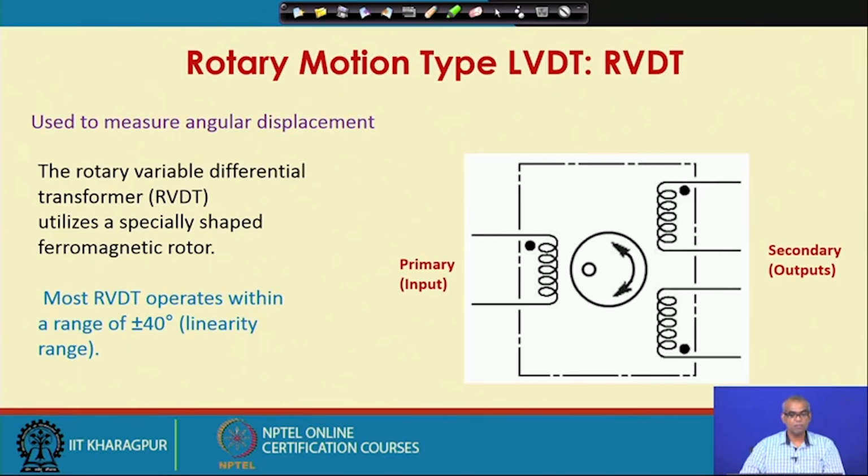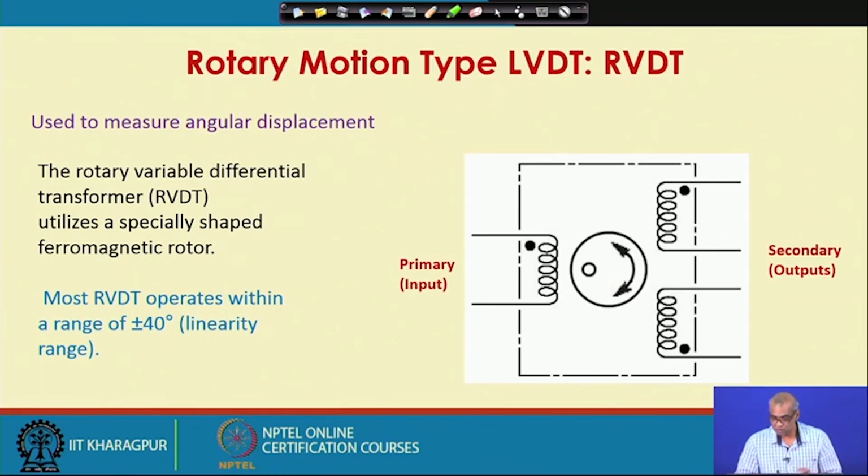The RVDT utilizes a specially shaped ferromagnetic rotor. Most RVDT operates within a range of plus minus 40 degree, and this is the linearity range of the RVDT.